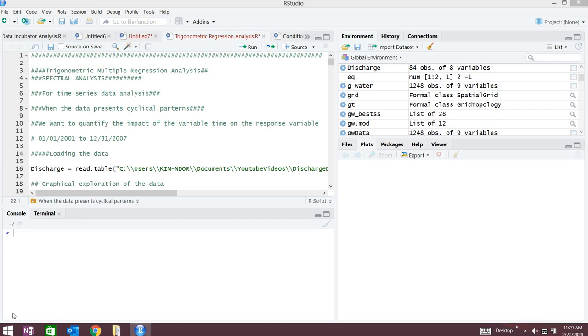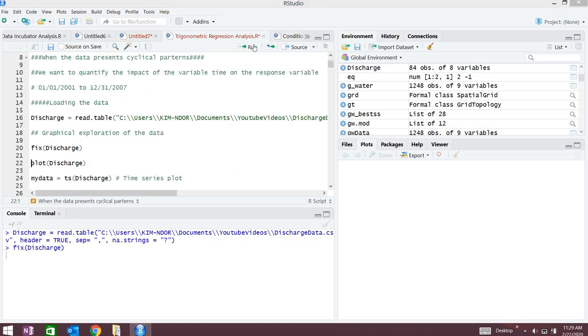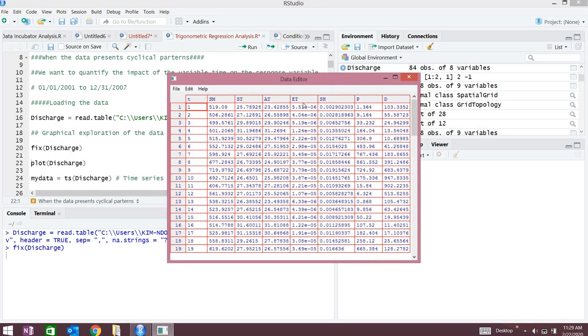So I have a discharge data here starting from January 1st, 2001 to December 31st, 2007. So let's run the data, let's see it. So we have the columns here from soil moisture, soil temperature, air temperature, ET.